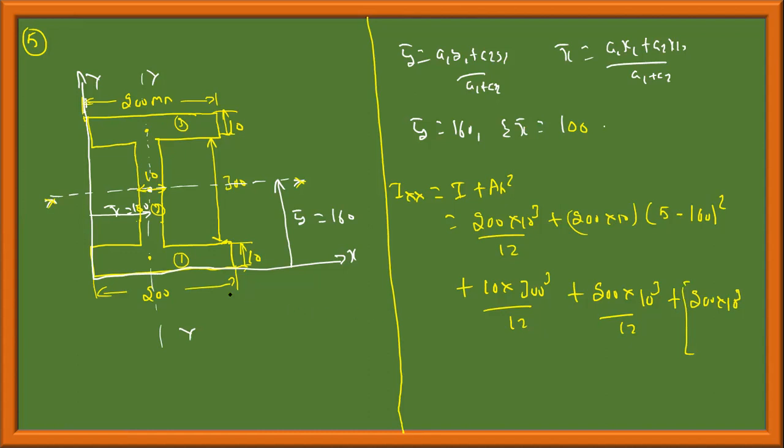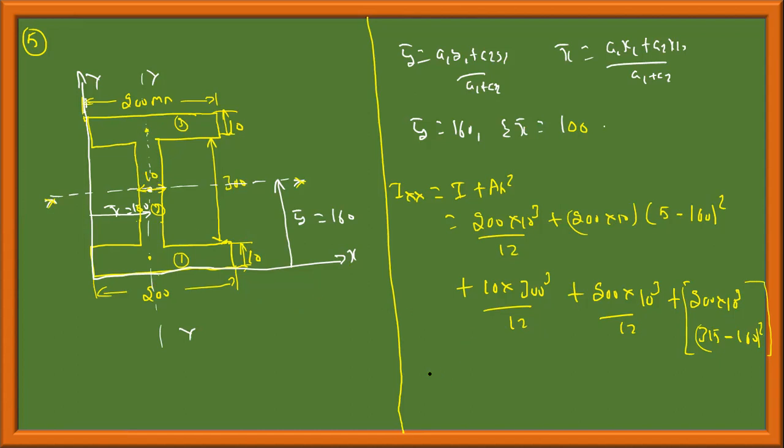H square is the distance from this axis to this axis: 10, 300 and 310, 315. 315 minus y bar, which is 160. Centroid to centroid distance I have to take. 315 is this distance, and 315 minus 160 is the distance between this centroid and this centroid.